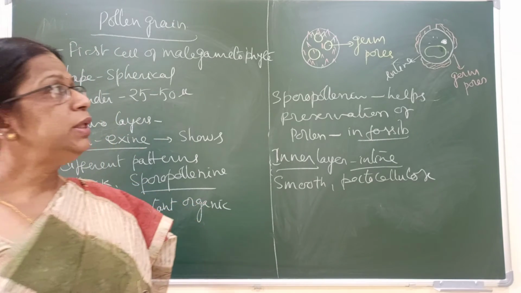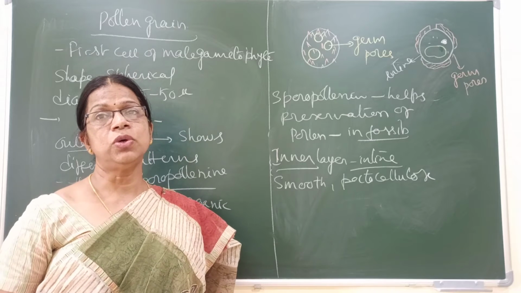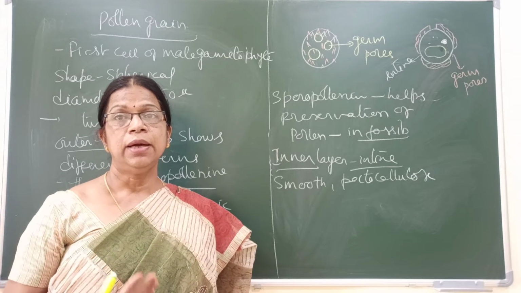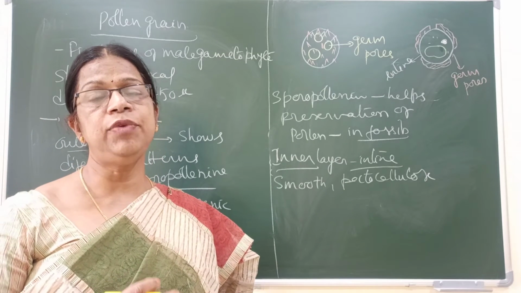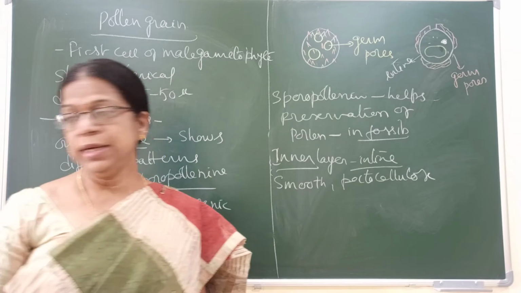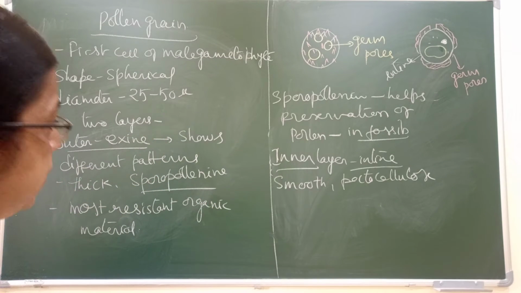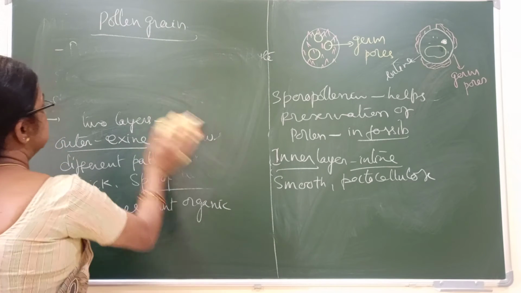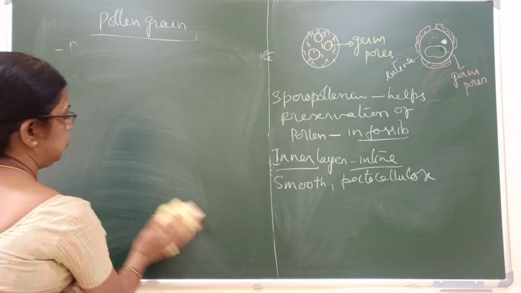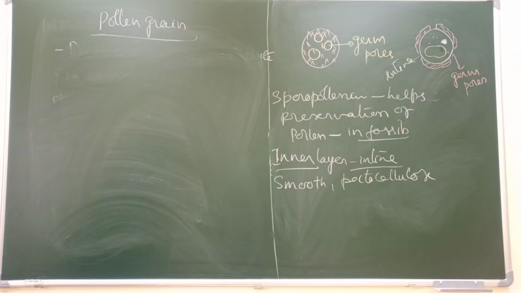Now, next, the development: how development takes place during germination. The pollen grain partly develops inside the anther, inside the microsporangium. Let us now see the development of the pollen grain or male gametophyte.